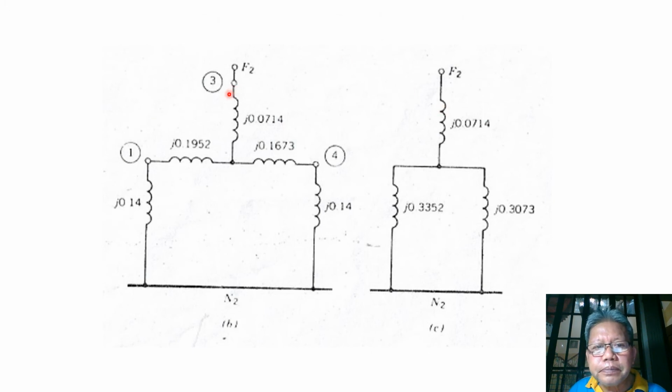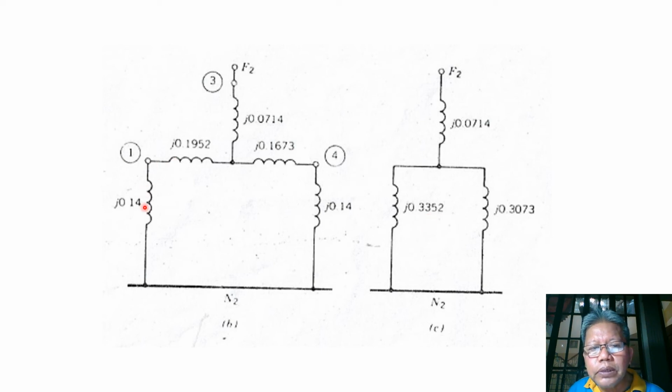After the conversion, we have the value connected to bus 3 of 0.0714, the reactance connected to bus 1 as 0.1952, and the reactance connected to bus 4 as 0.1673, and we have the reactance of generator 1 and the reactance of generator 2. Now we can see that these two can be combined because they are in series. These two also can be combined if they are in series. So we have this.